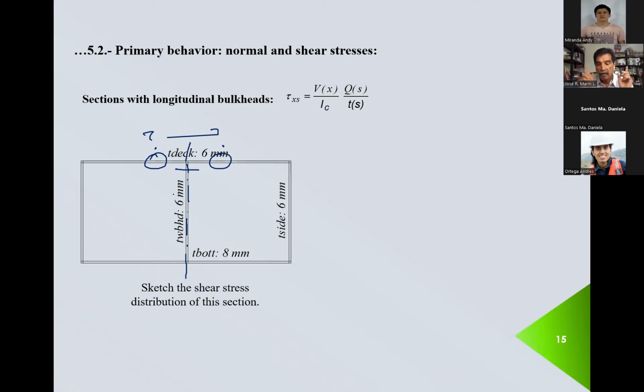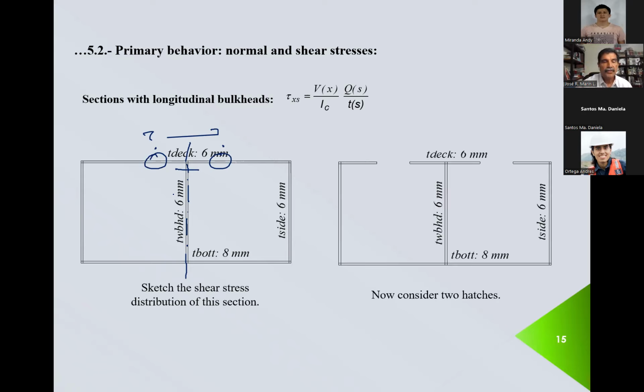Okay? Now, before we go on, consider this case. In this case, yes, we could analyze it completely. For example, we could say, okay, from here, this is a shear flow. Here, this is shear flow.